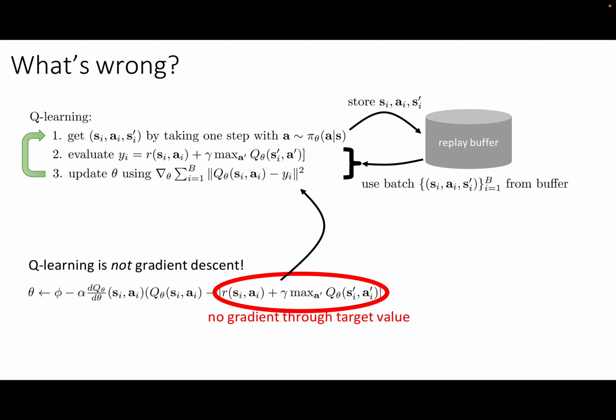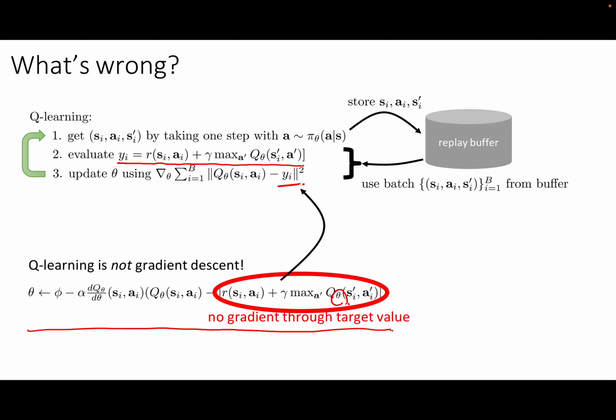As I introduced last time, the target Y is obtained like this, and it seems like typical gradient descent, right? But Q learning is actually not gradient descent, because the target is also from theta, but we detach the target from the computational graph.